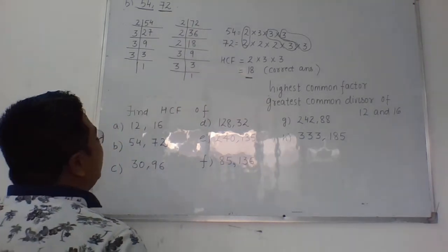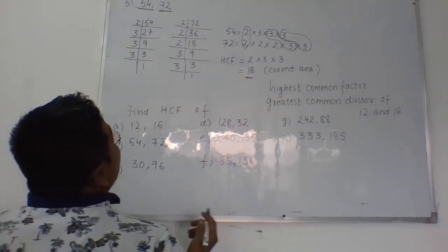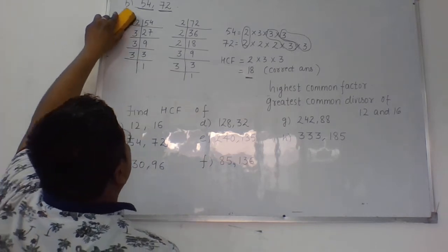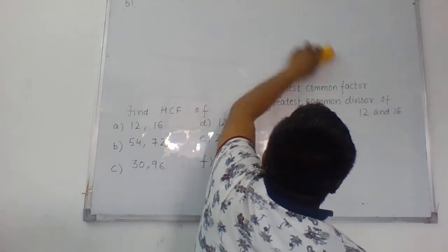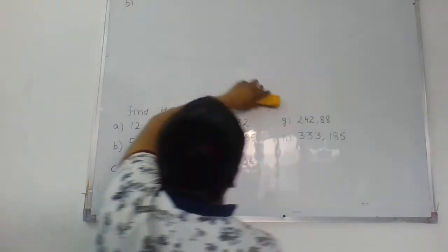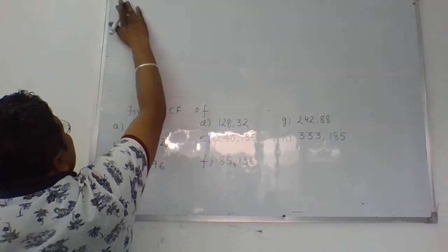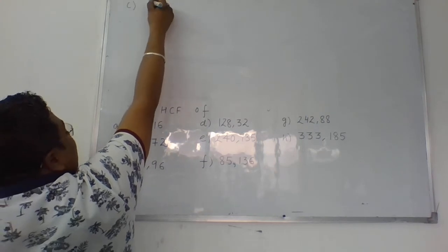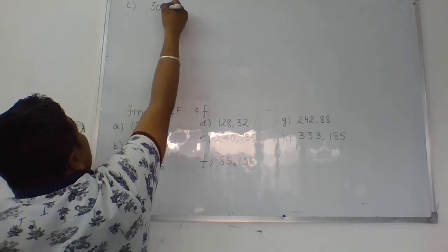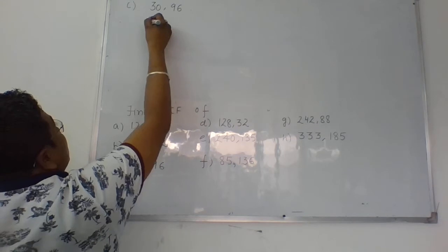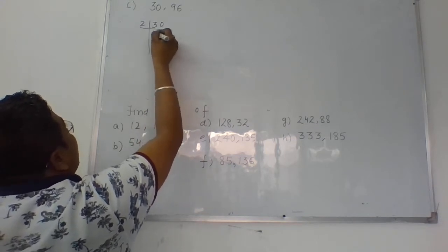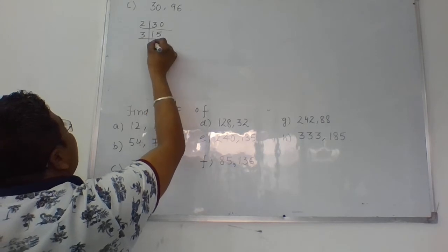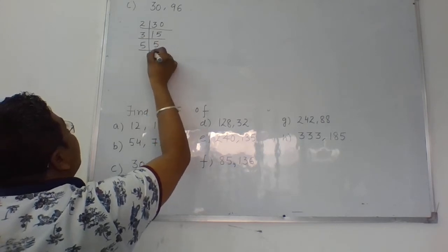Moving on to our next question, that is finding HCF of 30 and 96. So this is the C part, 30 and 96. So doing the prime factorization of 30, dividing by 2, dividing by 3 and then dividing by 5.